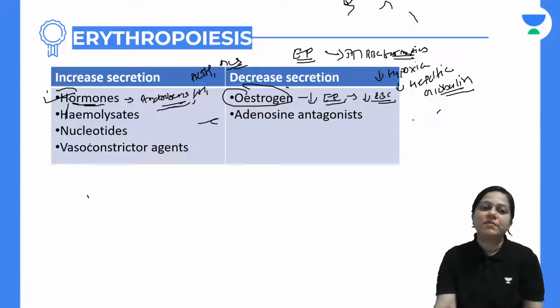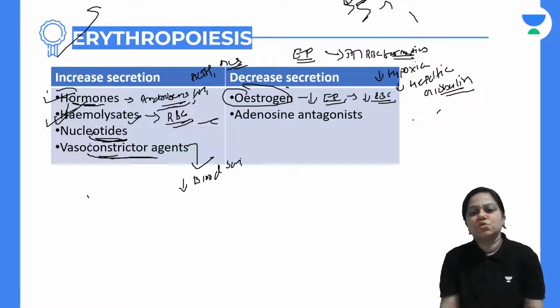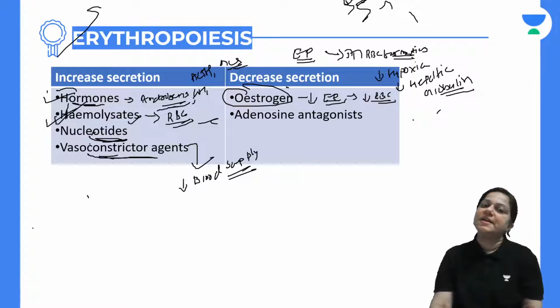Another factor which can increase the secretion of erythropoietin is hemolysis, the products of RBC destruction. Different nucleotides and vasoconstrictor agents also increase it, because vasoconstrictor agents reduce the blood supply, which gives a sense like hypoxia, so it increases erythropoietin secretion.